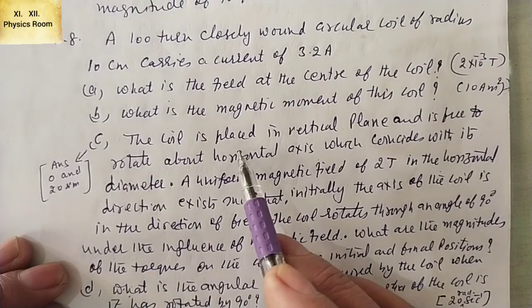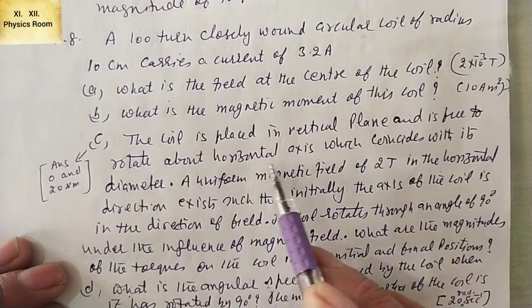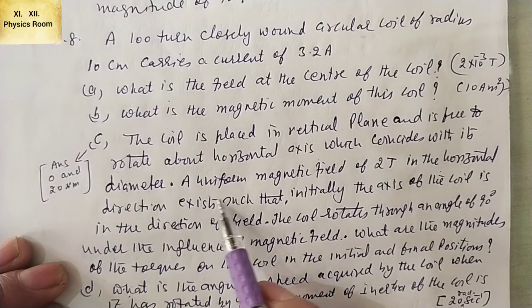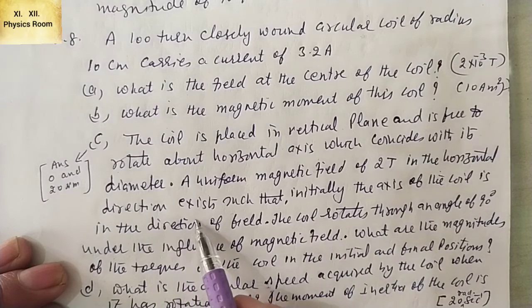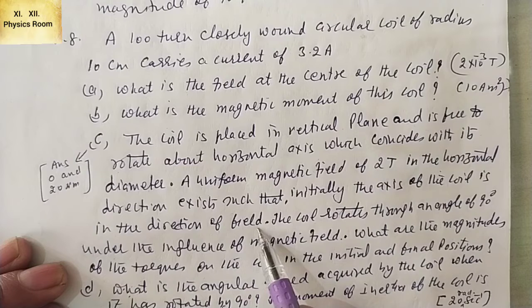C. The coil is placed in a vertical plane and is free to rotate about a horizontal axis, which coincides with its diameter. A uniform magnetic field of 2 Tesla in the horizontal direction exists such that initially the axis of the coil is in the direction of the field. The coil rotates through an angle of 90 degree under the influence of the magnetic field.